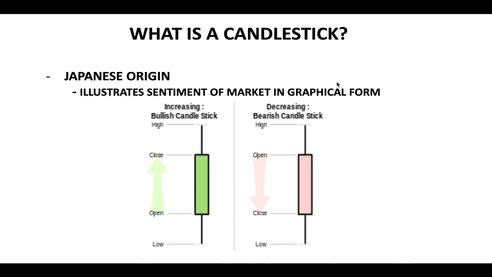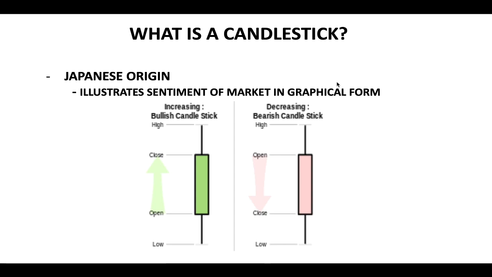So what is a candlestick? These originated in Japan, hence the full name Japanese candlesticks. They were created to illustrate the sentiment of the market in graphical form: how many buyers there are relative to sellers and vice versa, so you can know the momentum of the buyers, how much demand there is relative to the supply.